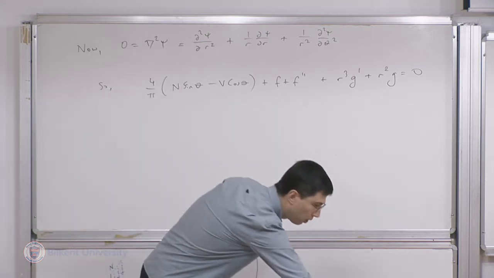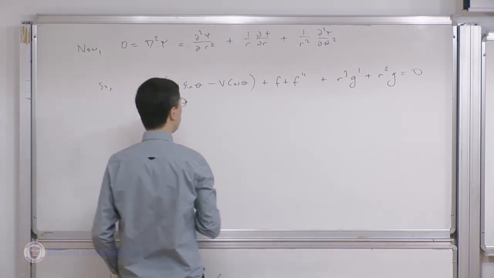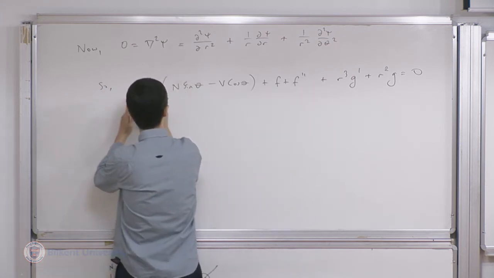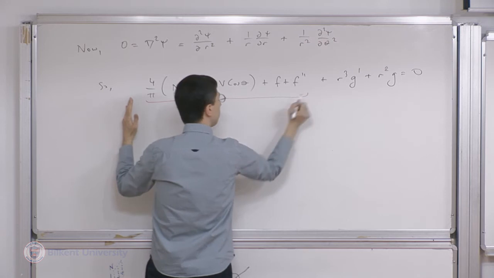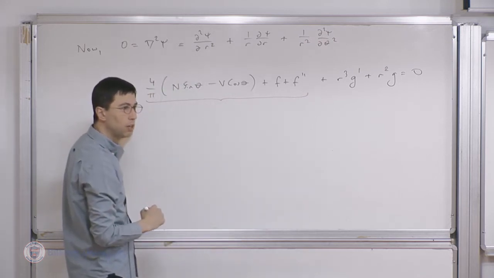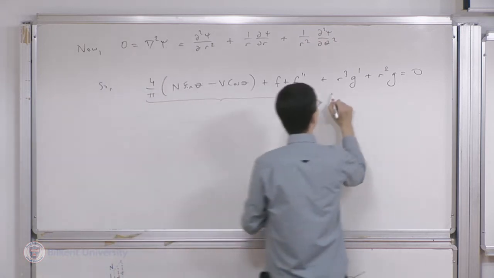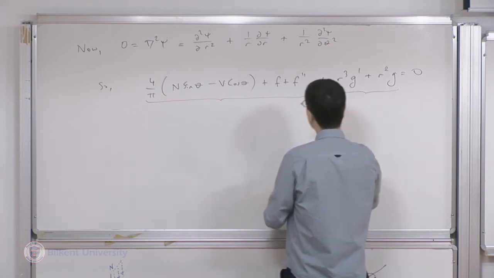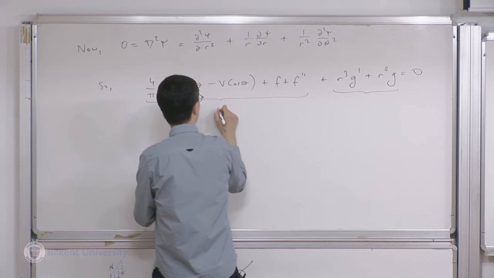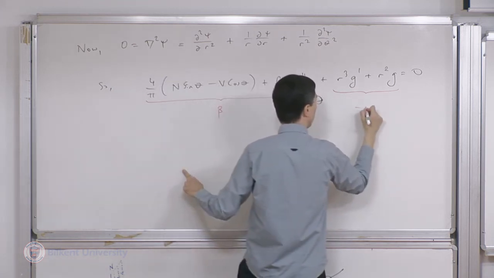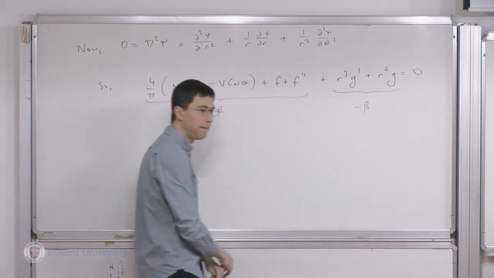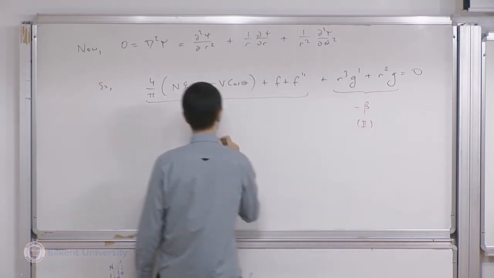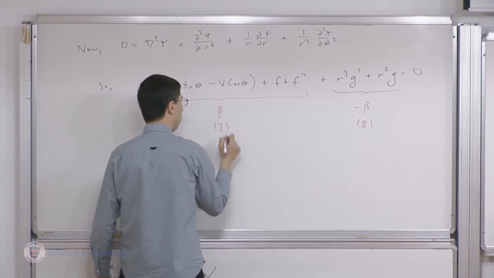What we have to now realize is that there are two terms. The first set of terms are a function of theta alone, because f is a function of theta alone, and g is a function of r alone. So let us call this one a term beta, and this one has to be minus beta. This is term number 2, and let me call this term number 1.